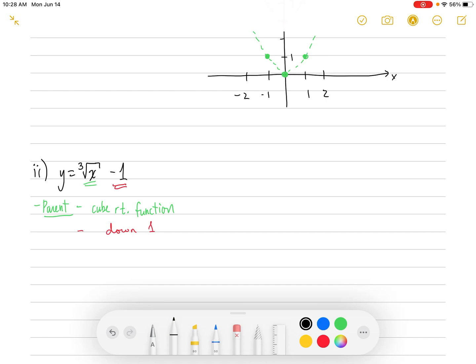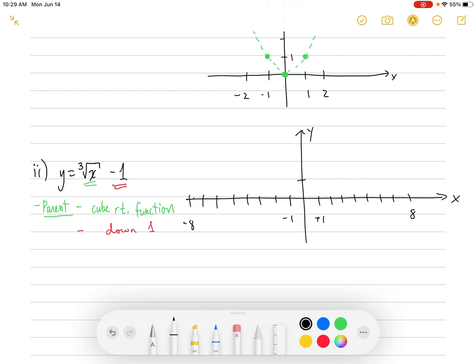So outside of the house is vertical motion. It goes in the direction of the sign. So it's down 1. Okay, so what we're going to do, we're going to make an x-axis, y-axis. We're going to have 1, 2, 3, 4, 5, 6, 7, 8. Oops, I got that. It's plus 1.